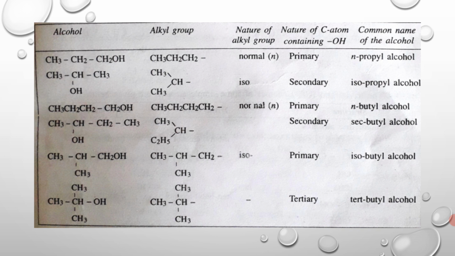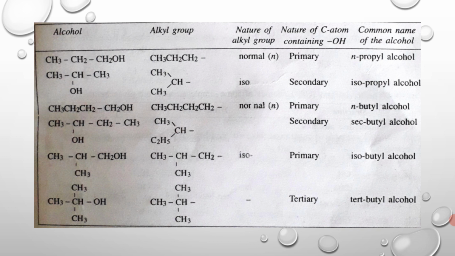The nature of the carbon atom containing the hydroxyl group is primary, and its common name is n-propyl alcohol. As we know, there are 3 carbon atoms in this normal chain compound.